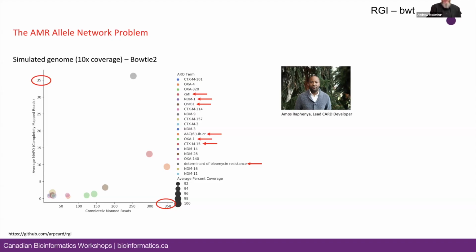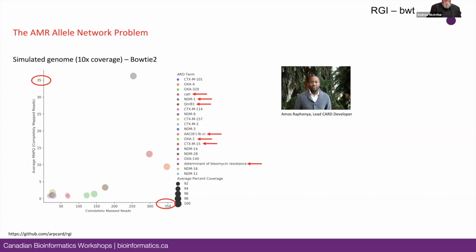What we've discovered is that when you use Bowtie 2, say we're looking at the simulated CTX-M-15 gene, that algorithm figures out it's dealing with a CTX-M for sure, that family, but then it gets lost in that allele network. A lot of the reads it aligns to the CTX-M-15 gene, but sometimes it guesses and aligns one to CTX-M-101, CTX-M-114, CTX-M-157, CTX-M-3, etc., making it look like there's a bigger diversity of AMR genes in the sample than there actually are.